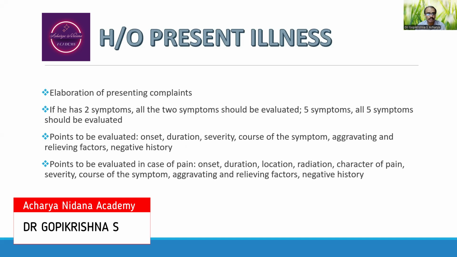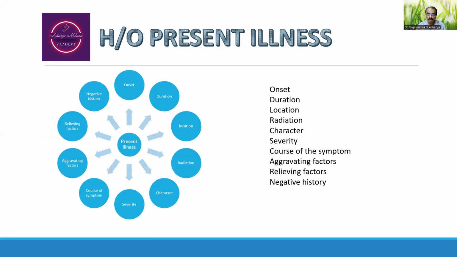The points to be evaluated are onset, duration, severity, course of the symptom, aggravating and relieving factors, and the negative history. These are the points that have to be evaluated if the person is having a presenting complaint, or if the person is having pain.